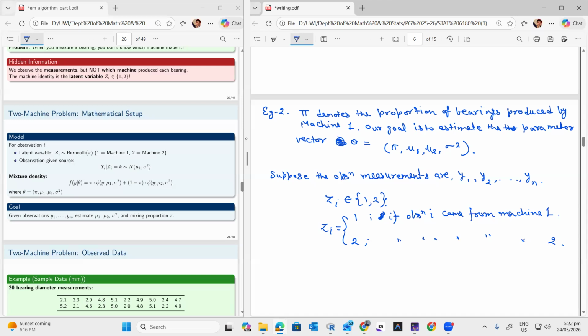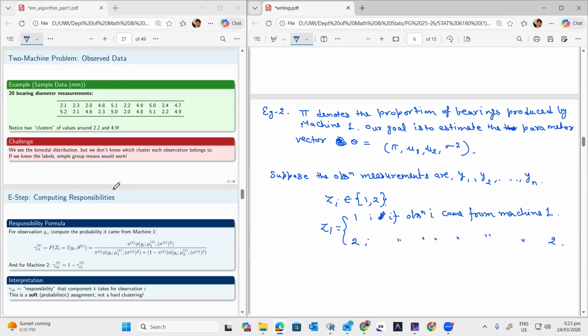If one prefers the indicator notation, we can define xi also, taking values 1 or 0: xi equals 1 if observation i came from machine 1, or 0 if observation i came from machine 2. In that case zi follows the Bernoulli distribution with probability pi.